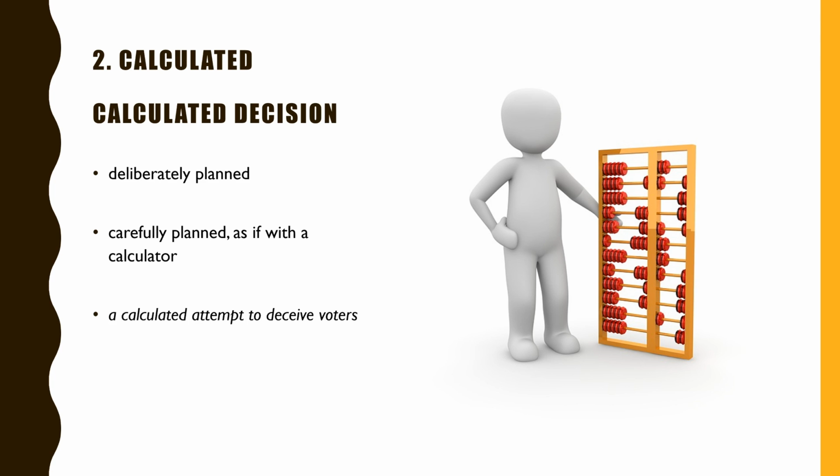And that would mean that the people in charge of the election, or the politicians, they made a calculated decision, calculated attempt. That means they planned it out ahead of time, and it was an intentional deception of the voters. Or he took a calculated risk, meaning that he knew what he was getting into. It was risky, but he had planned it out and he thought about it. He calculated all the pros and cons to it.